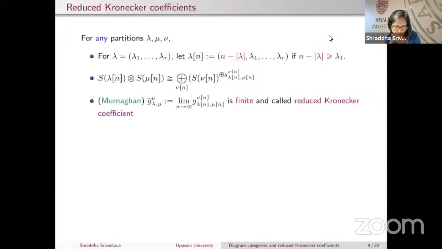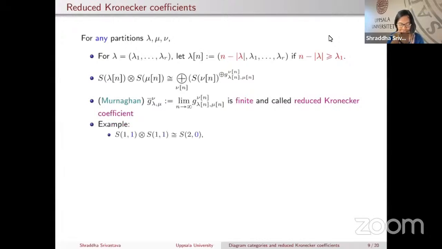Murnaghan showed that if you take n to be large, to be infinity, this limit is finite, and he called it the reduced Kronecker coefficient. In general, computing such a coefficient is a difficult problem, and Amir can probably tell us about its complexity.